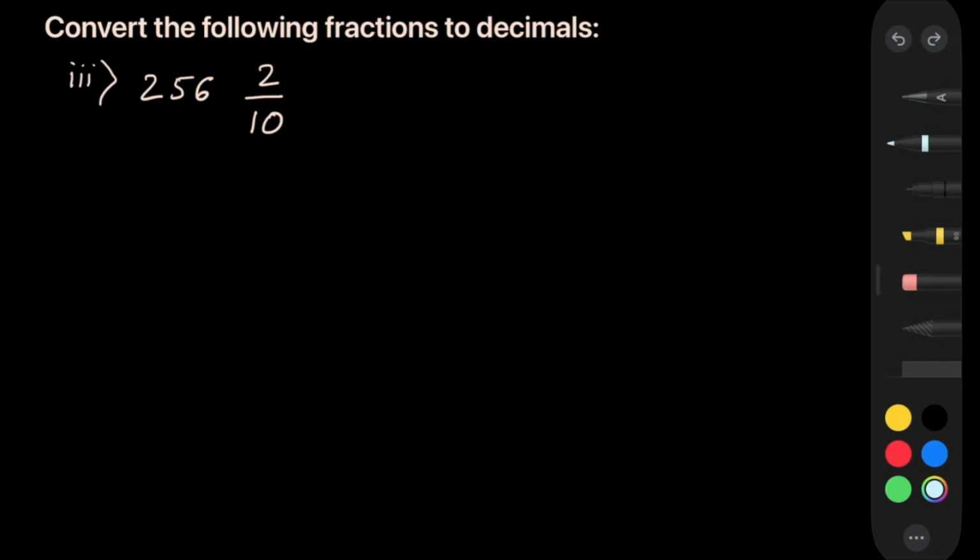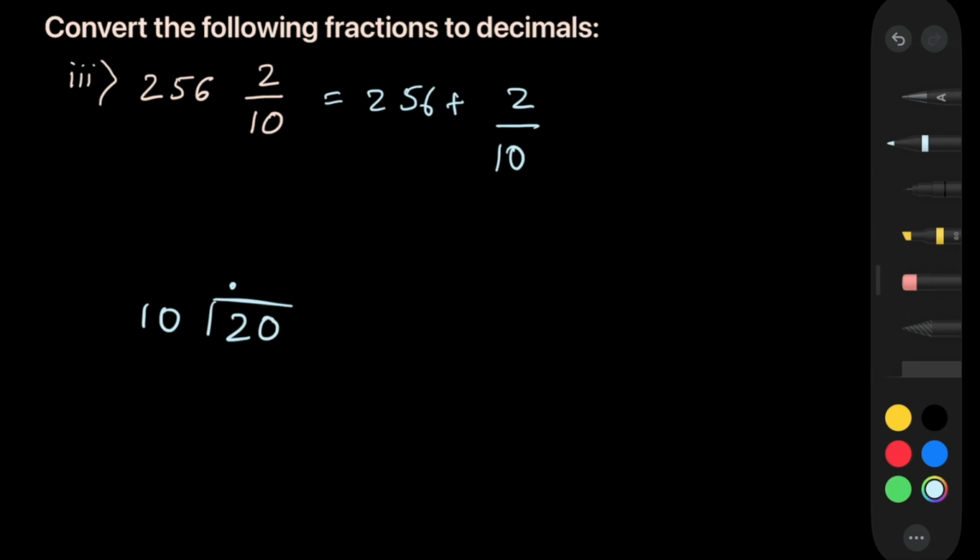Convert the following fractions to decimals. So in this question, we have a mixed fraction 256 and 2 by 10, which can be rewritten as 256 plus 2 by 10. Now 2 is smaller than 10, so once again we need to add a decimal point to the quotient and multiply the dividend, which is 2, by 10.